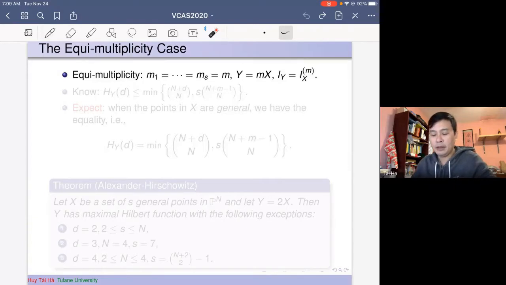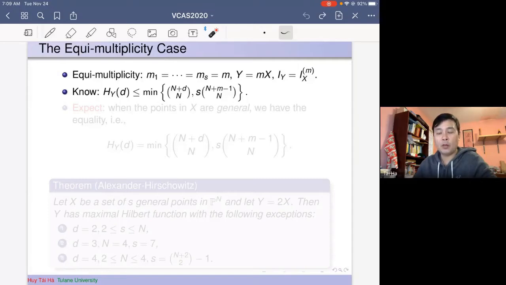It's a very basic fact about Hilbert functions of points that the Hilbert function of Y, so Y is of course a dimension 0 variety, eventually is equal to its Hilbert polynomial, which is a constant, and that is the multiplicity of the variety, which is in this case s times (n+m-1 choose n).